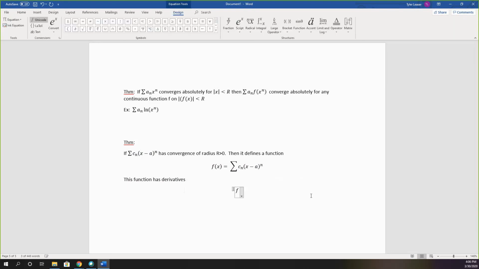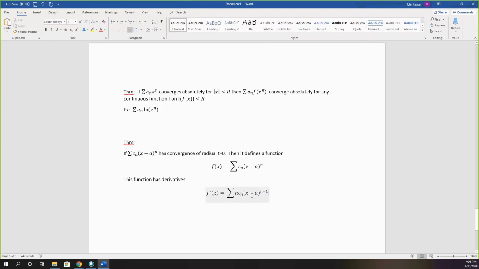And if we look at those derivatives, so let's say f prime of x, we don't have to do any work because our power series does it for us. Instead of taking the derivative of some unknown function, we can just take the derivative of the power series term by term. So if I take the derivative of this, remember we're taking the derivative with respect to x, this is going to be a chain rule here, so we're going to bring our n down, still have that c sub n out in front, and it's going to be x minus a to the n minus 1 power.